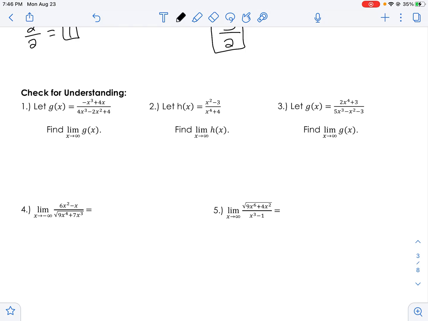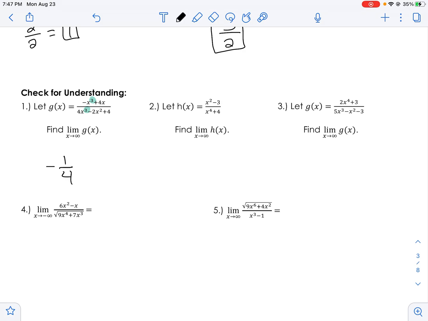Okay, so hopefully you paused the video and you gave them a chance. So let's see how you did. Number 1 would be, again, EATS DC because I have exponents that are the same. So I divide the coefficients and I get negative 1/4.